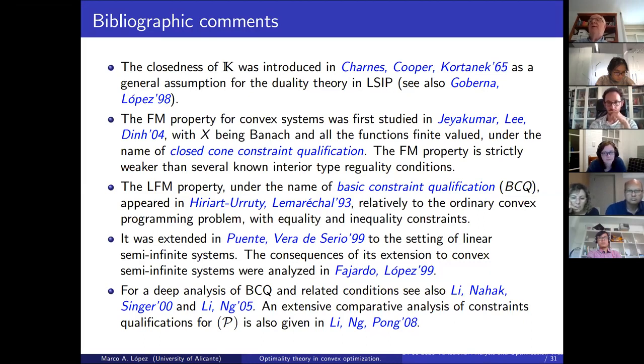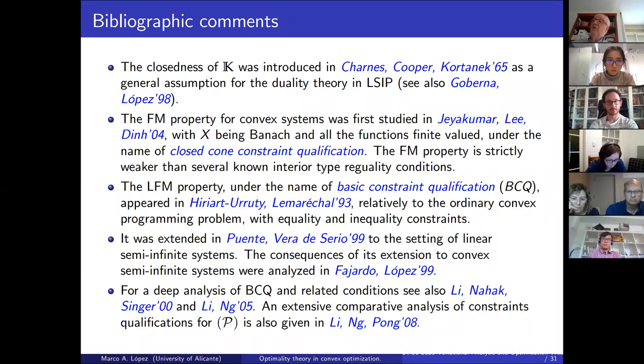For a very interesting and deep analysis of these basic constraint qualifications, there is an original paper I like very much by Wu Li, Nahak, and Ivan Singer in 2000, and Ban Chong Li and Kung Fu Ng in 2005. And there is a comparative study in a series of papers by Li, Sheng Chong Lin, Ji, and Pong.